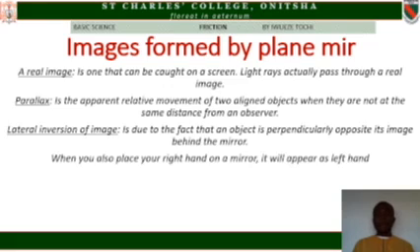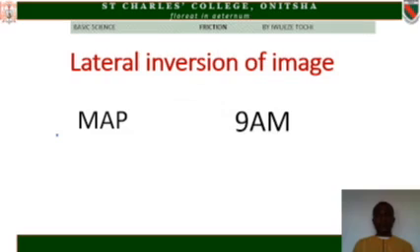In lateral inversion of image, you see the image of an object in an inverted form. For instance, placing your right hand in front of a plane mirror, you see that it will appear as if it is your left hand. That is lateral inversion. Now look at another example. Look at the word MAP.